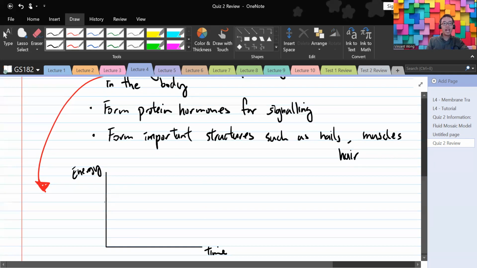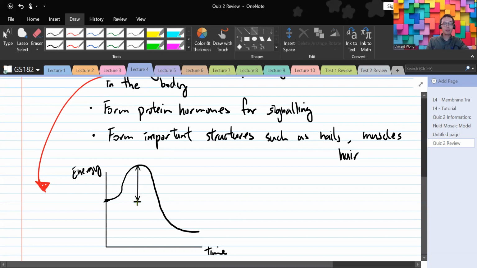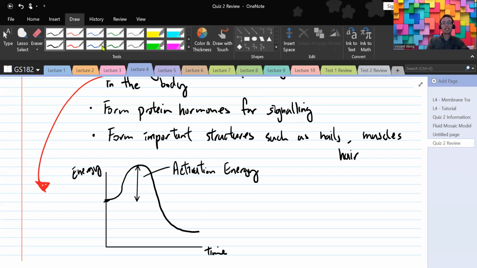So your reactant is going to start with a certain level of energy, but you must provide extra bit of energy before the reaction is going to take place, right? And that extra bit of energy that you need to supply, that's called the activation energy.